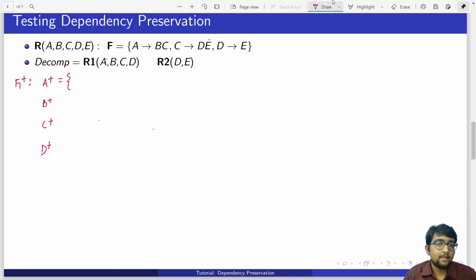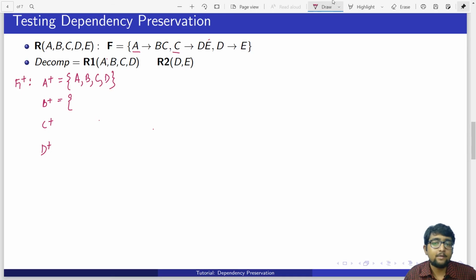So what is A plus? We see that A functionally determines B, C, and C functionally determines D, E. Now E is not there in R1, correct? But D is there. So we can say that A functionally determines B, C and D all. So A functionally determines A, B, C and D. If we go to B, we will see that B functionally determines nothing else, because in none of the functional dependencies is B on the left hand side, correct?